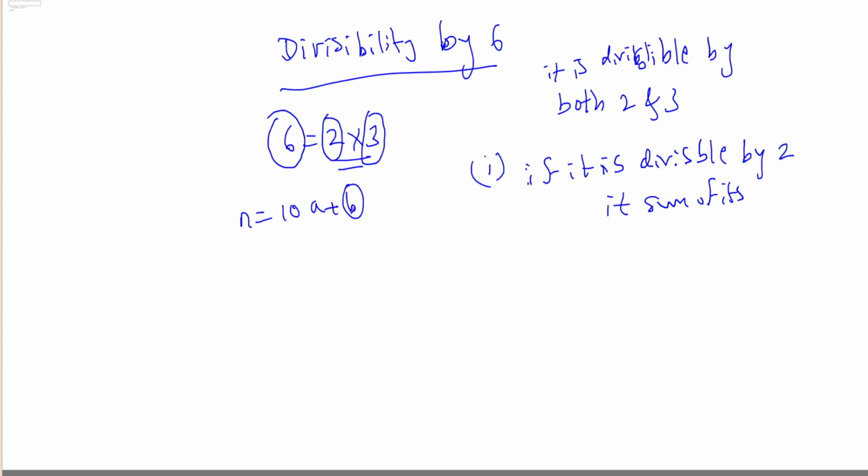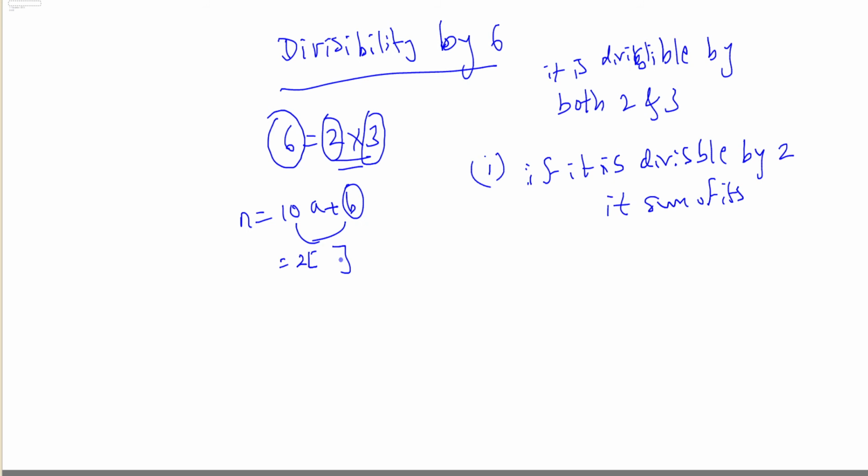The unit digit which is divisible by 2 means you can take 2 as a common from both the sides. Hence it is divisible.